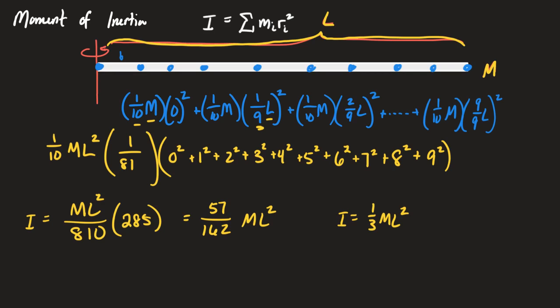So you see that we get close. The exact answer is 1/3 m L squared. The summation answer gets us within the ballpark. Now, if we want to get closer, we'd break our mass up into 20 pieces or 100 pieces. But the point of doing the calculus is to find a way for the calculus to do it for us.